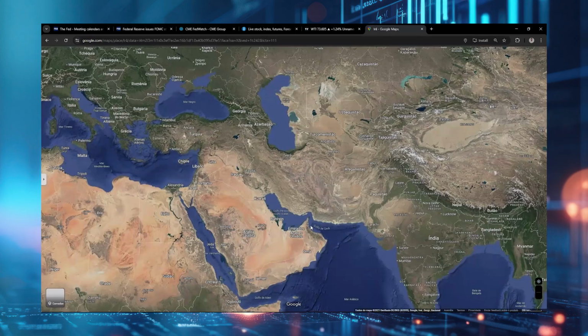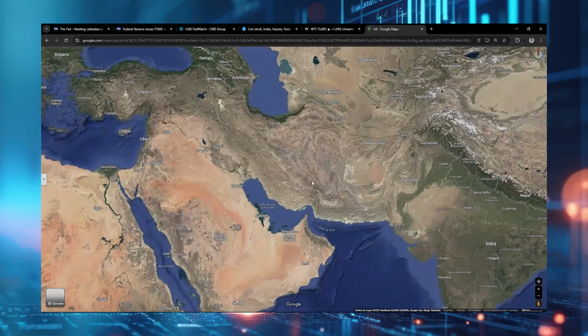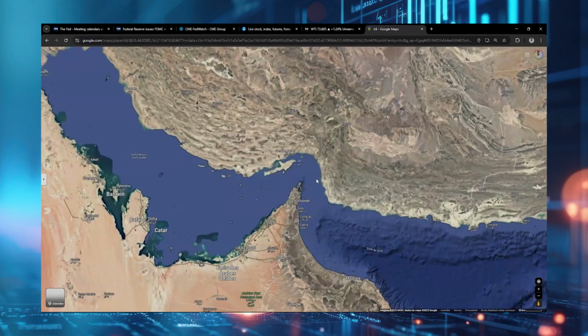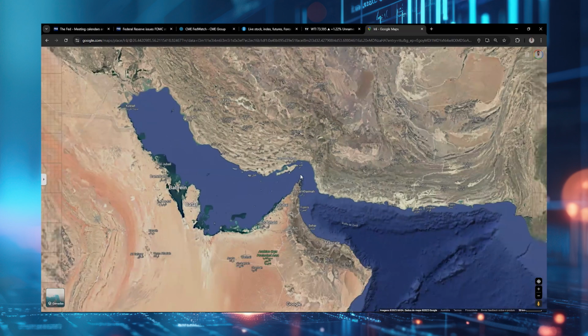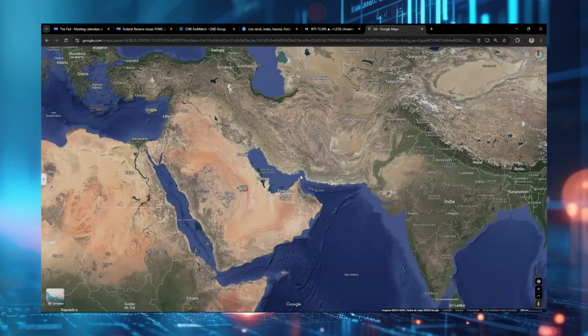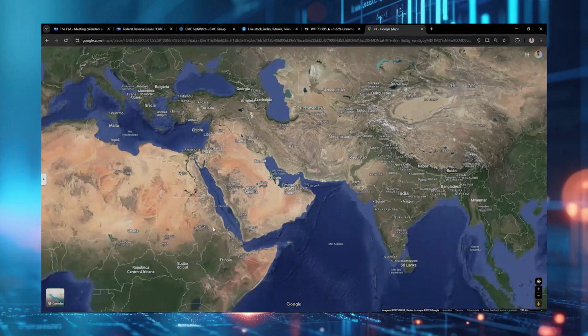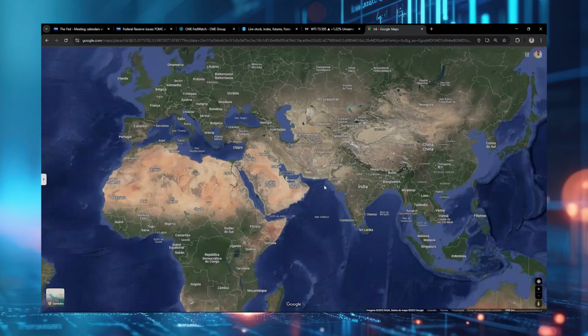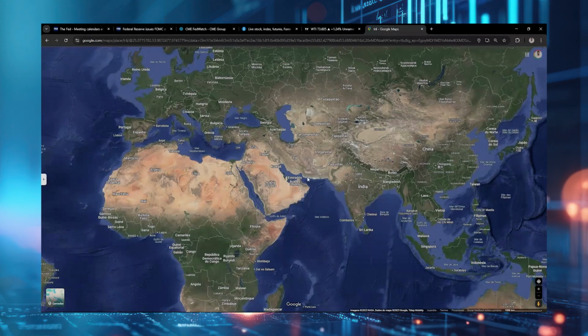So see this little part here, it's where one fifth or one quarter of oil around the whole world passes through, so it can affect me, it can affect you, it can affect Ethiopia, it can affect everyone around the world, Russia.